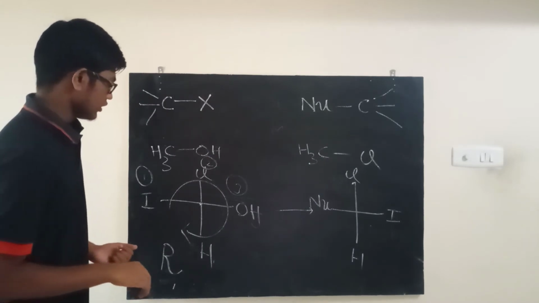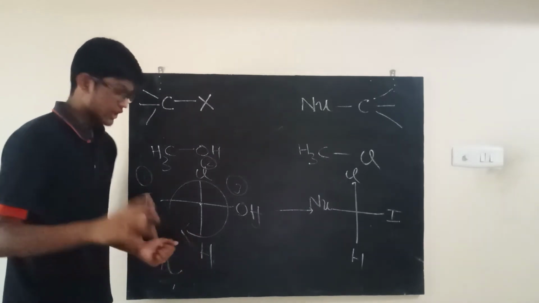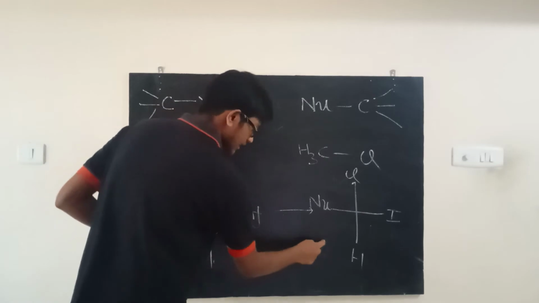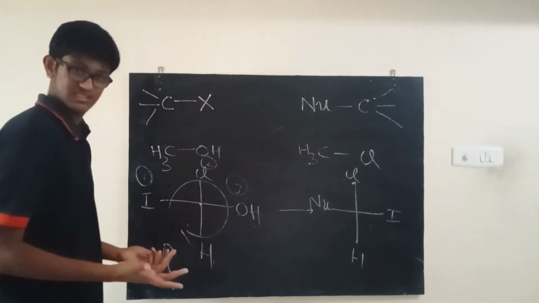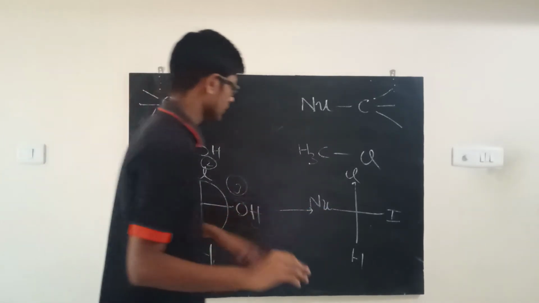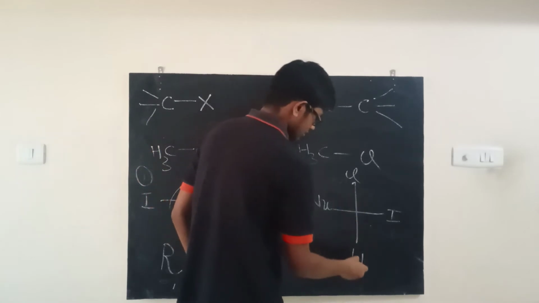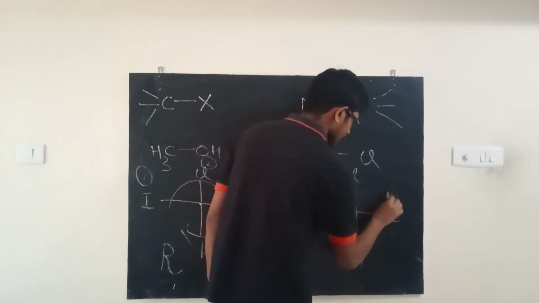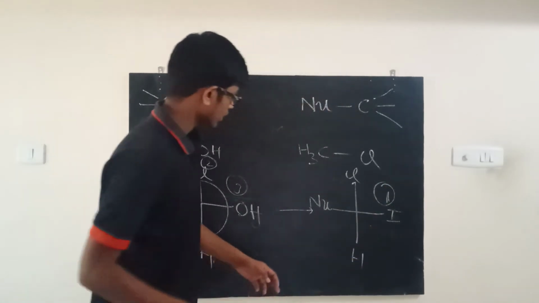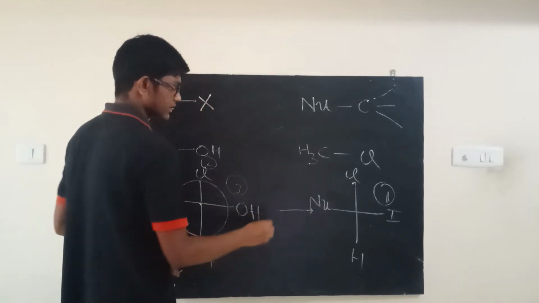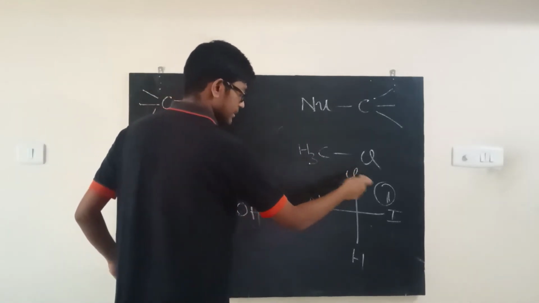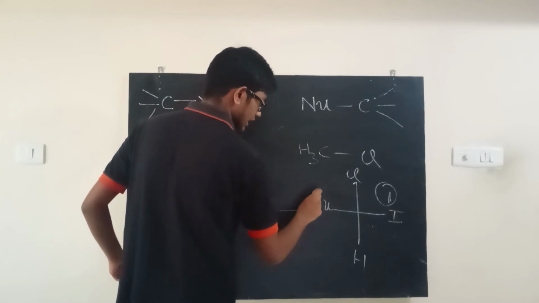Okay? This was R, so you cannot jump to the conclusion that this must be S because you do not know what Nu minus is. For example, see, again in this case, hydrogen is the least priority anyways, so iodine comes first. Now, if the nucleophile has a priority which is more than chlorine but less than iodine, then this guy will have second priority, right?